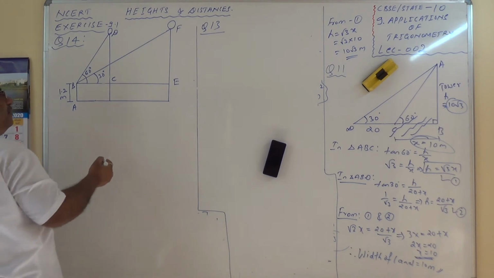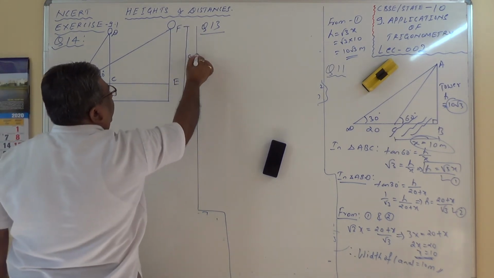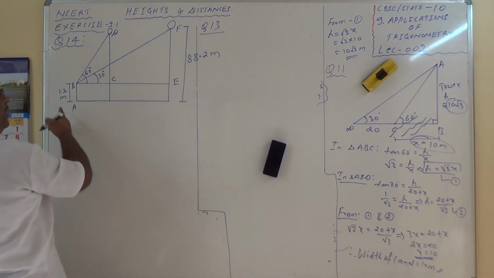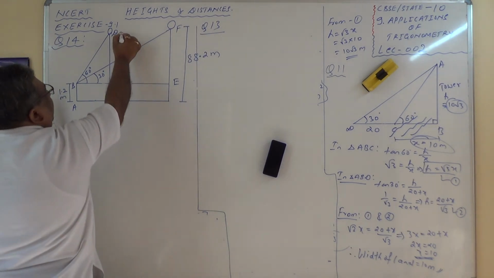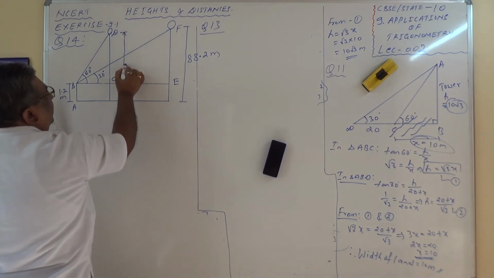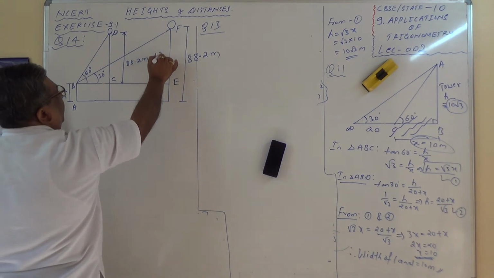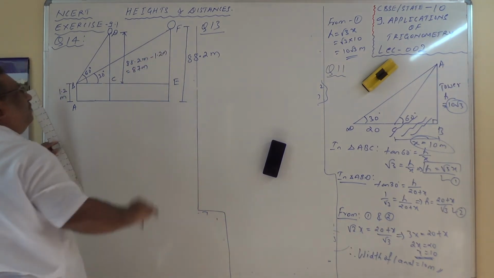What I know here, from here to here, it is 88.2 meter. But 1.2 meter is to be subtracted from here, and therefore I get this distance as 88.2 meter minus 1.2 meter, which is equal to 87 meter.